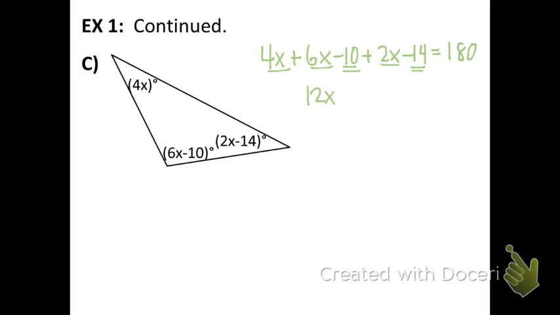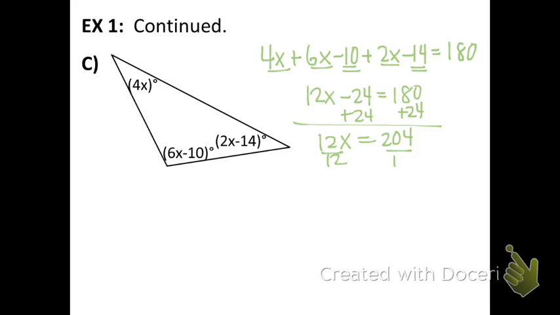Then we'll combine our other two, negative 10 and negative 14, to get negative 24. We'll add 24 to both sides to isolate the x, which is 204, divide by 12, and x equals 17.